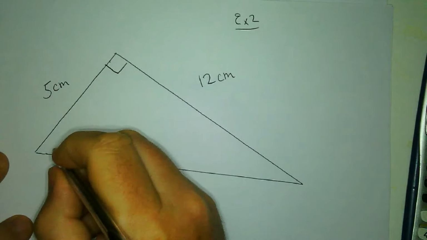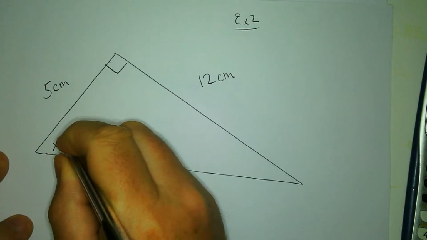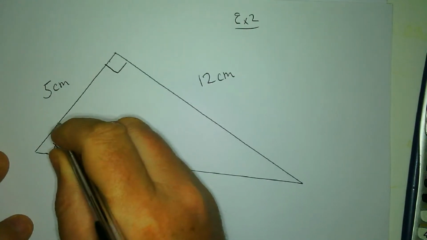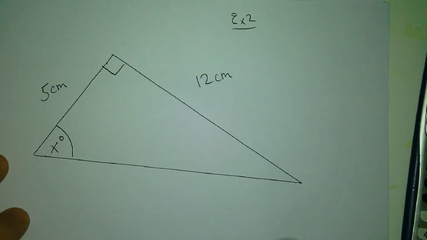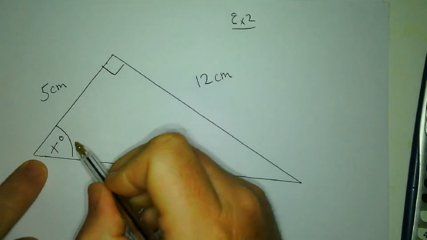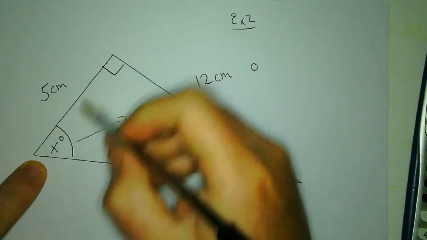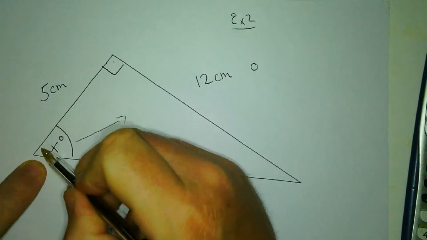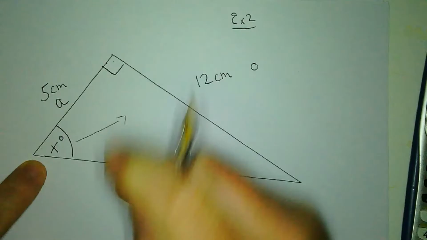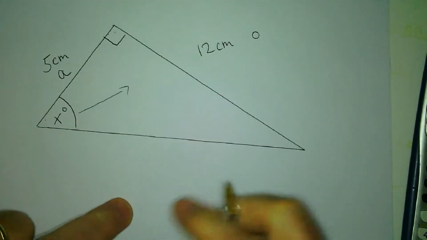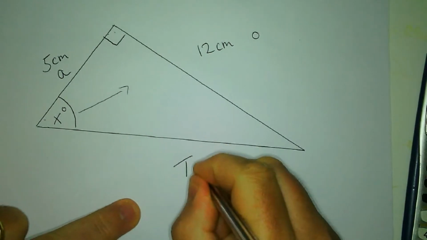The angle I want to find is this guy here. Directly opposite your angle is your opposite. Between your 90 degrees and your angle is your adjacent.